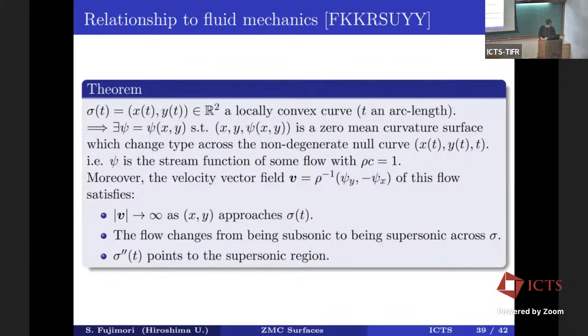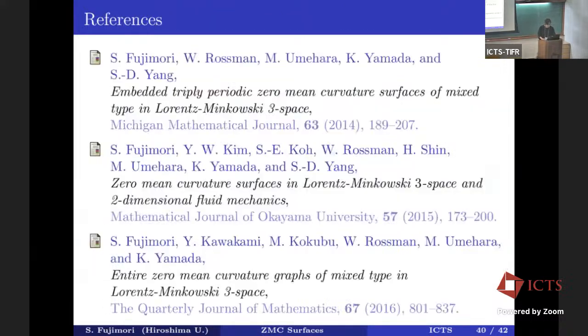So okay, these are the references. The first one, we constructed Schwarz D-type zero mean curvature surfaces, and the second one, we gave a criterion of fold singularities and so on.